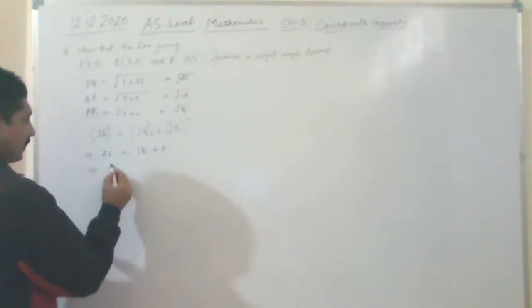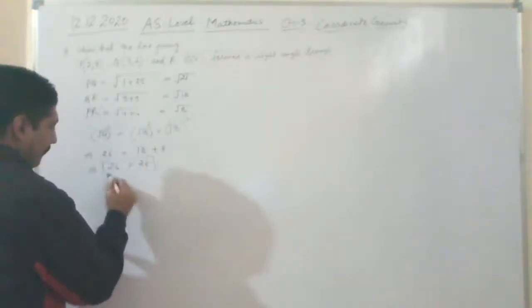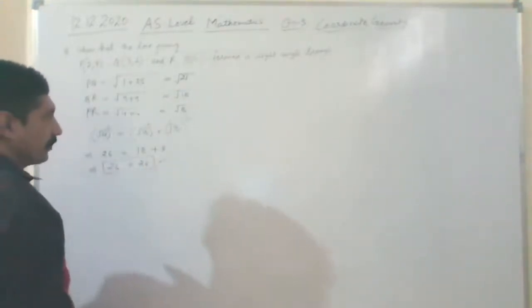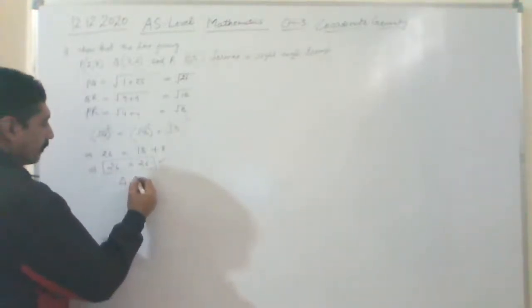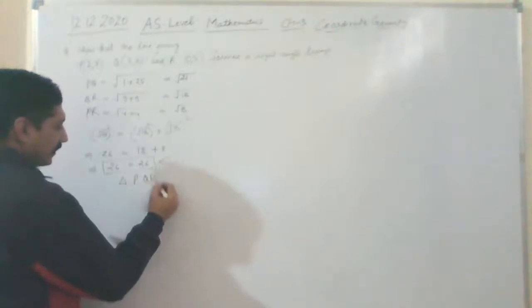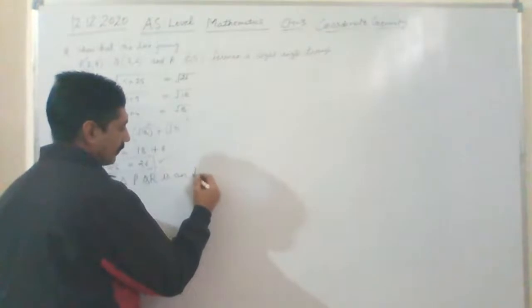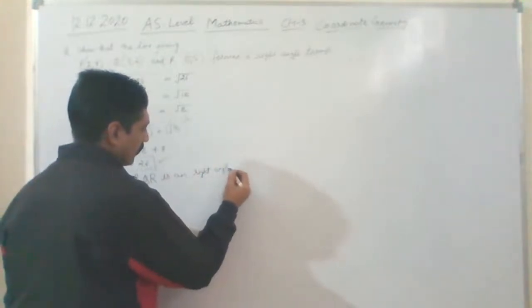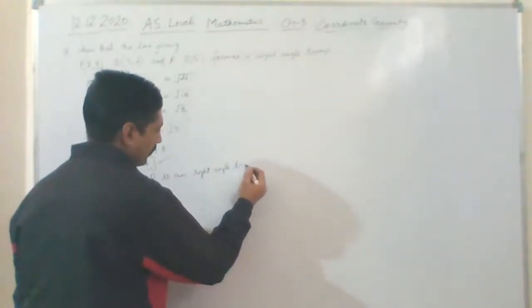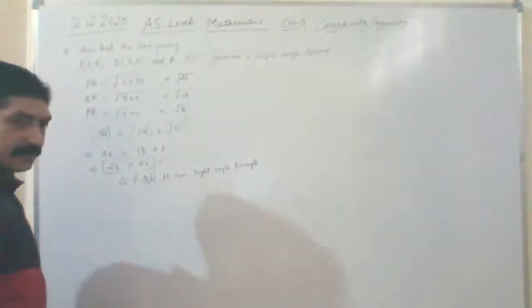This implies that therefore we can say triangle PQR is a right angle triangle, right?